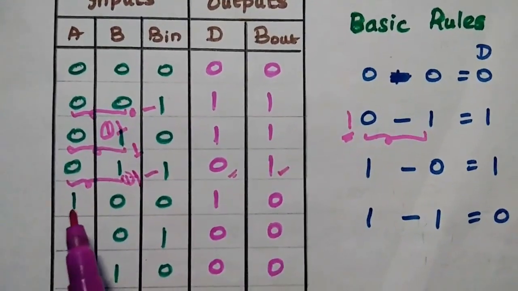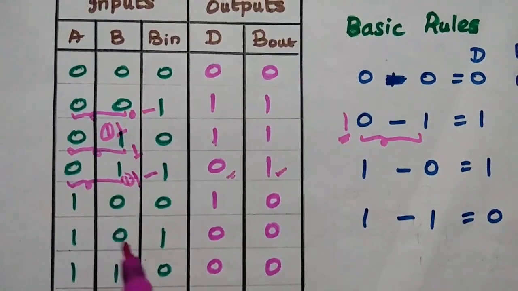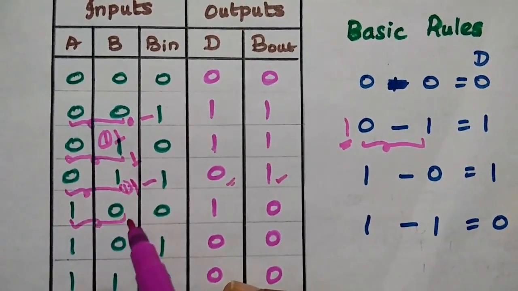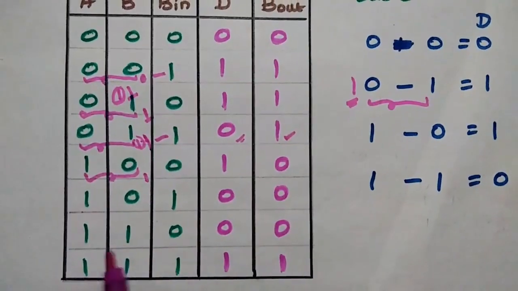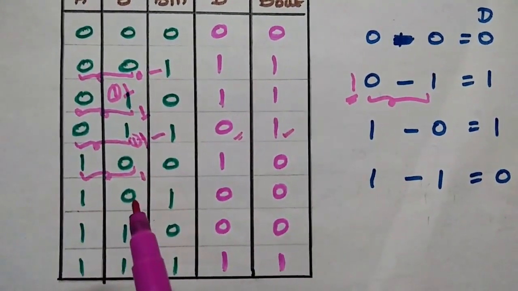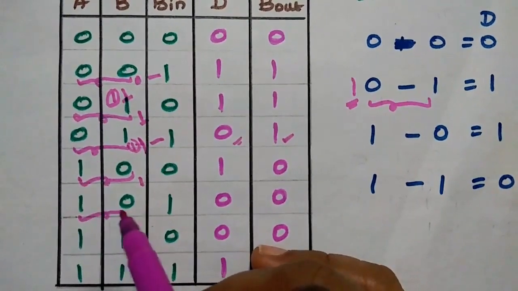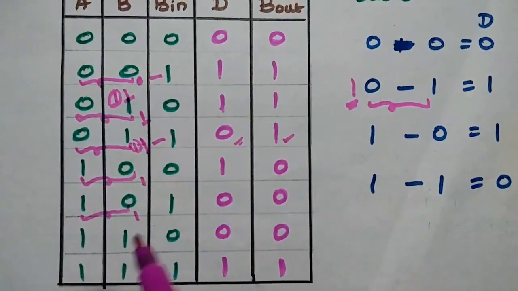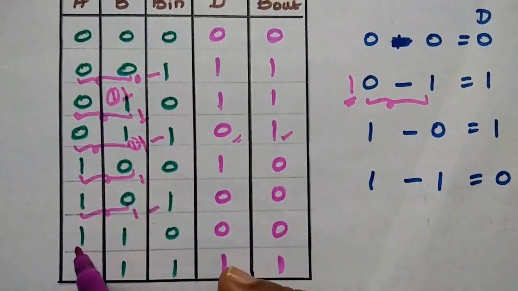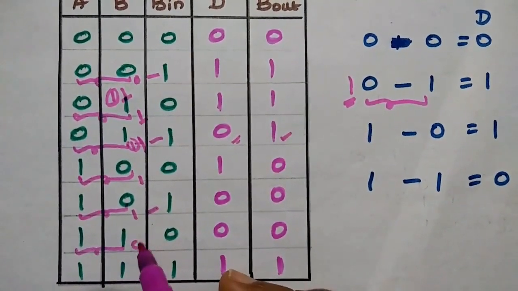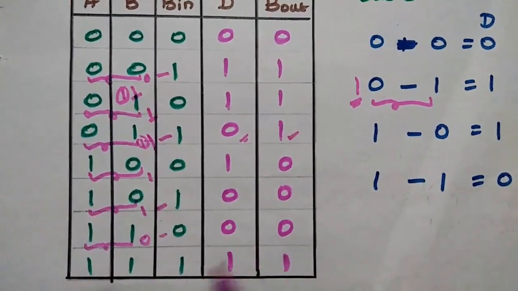Okay, so next 1 minus 0 is 1. So here the result is 1, the difference value is 1. So 1 minus 0 again 1. There is no borrow. Next 1 minus 0, the difference is 1, and there is no borrow generated. Then 1 minus 1 is 0. Again 1 minus 1 is 0. 0 minus 0 is 0.